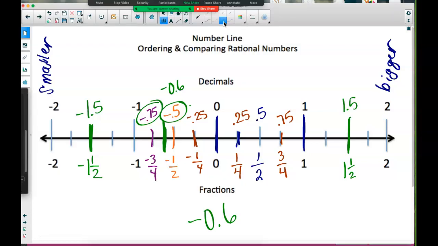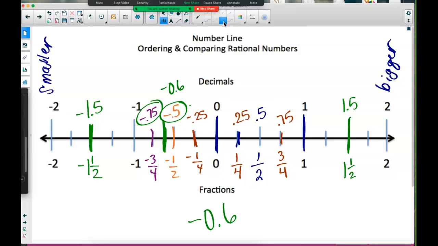Can anybody tell me why negative 0.5 is bigger than negative 0.75? Because it's closer to where? Go ahead, Brooke. Closer to 0. When we're negative, the closer we get to 0, the bigger it is. Okay? If you're positive, the further from 0, the bigger it is.